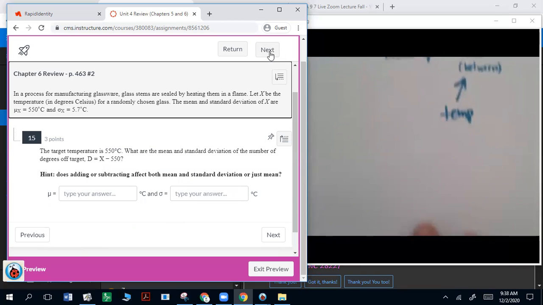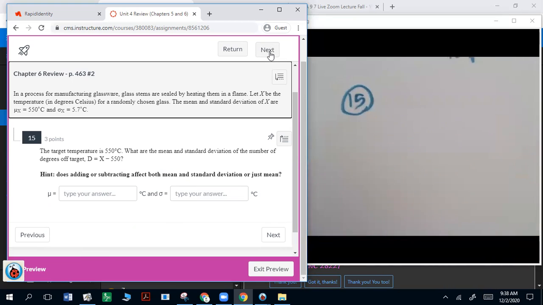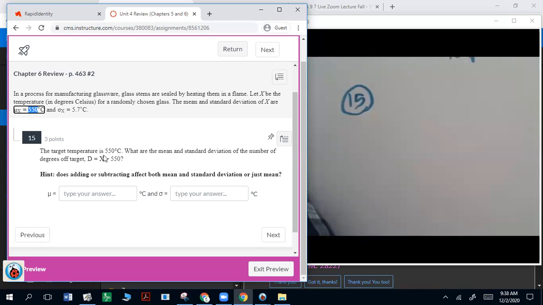So let's get into how to work with that random variable. So you have a target temperature of 550 degrees Celsius. Again, what are the mean and standard deviation of degrees off target? So if your target is 550 degrees and your mean is 550 degrees, how much are we off target?